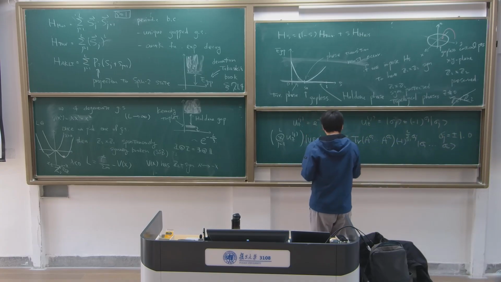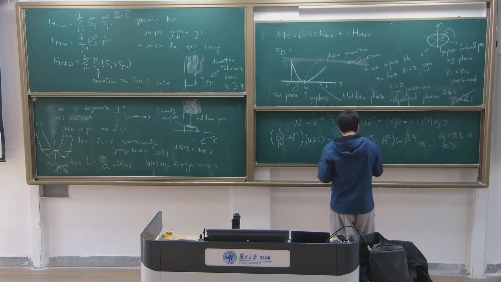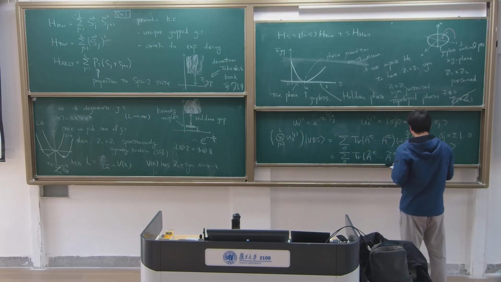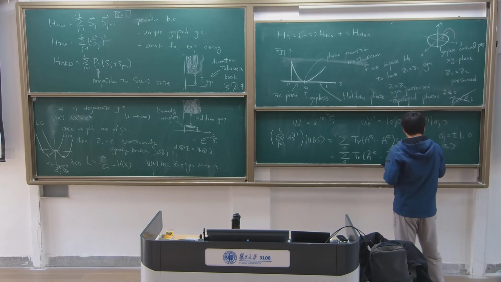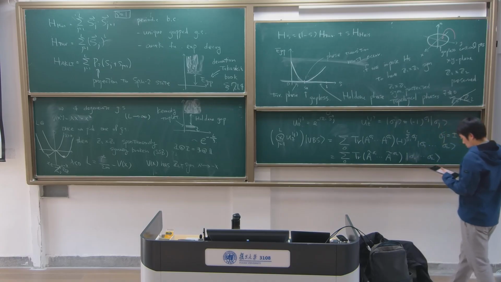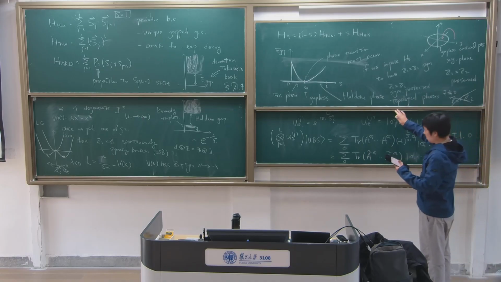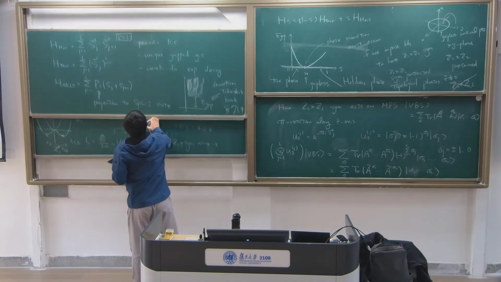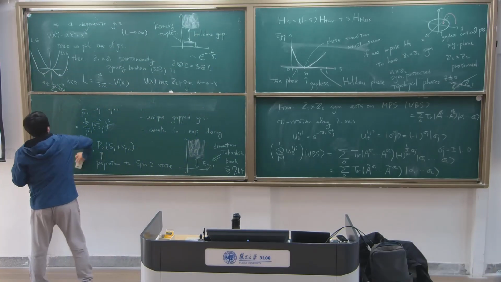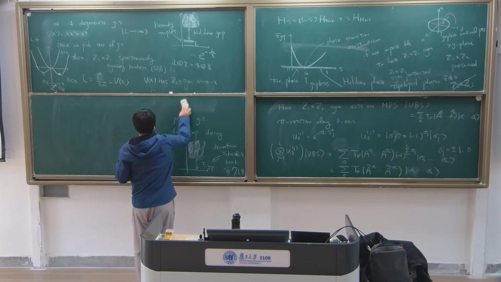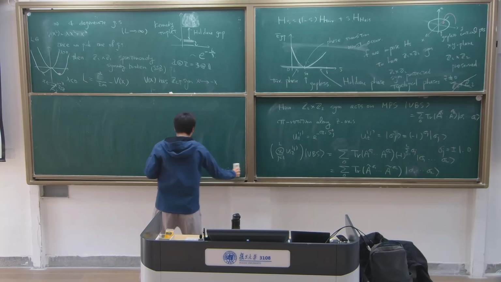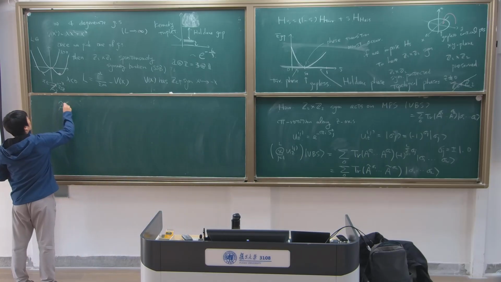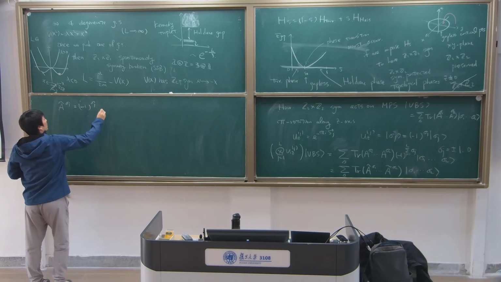So this can be rewritten as follows: sum over sigma of A tilde sigma 1 through A tilde sigma L, with minus 1 to the sigma 1 through sigma L, where A tilde sigma j is minus 1 to the sigma j times A sigma j.